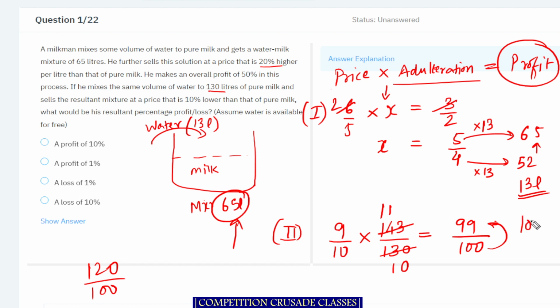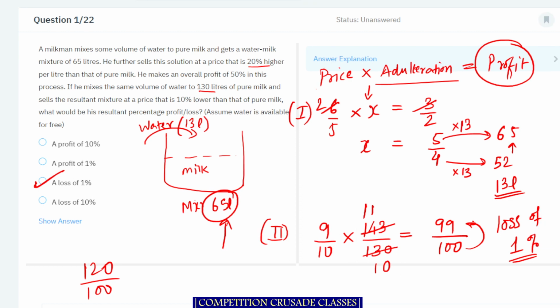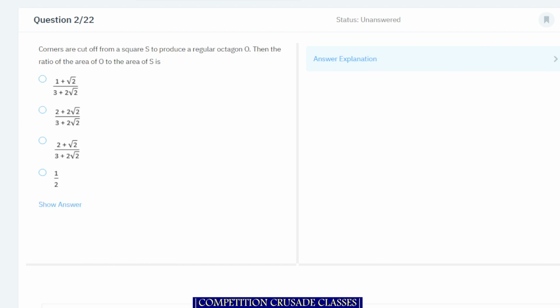So there is going to be a loss of 1%. So the answer to that is going to be a loss of 1%. I hope that made sense. Okay, so I hope you can see this clearly now. Let's go to the next question.